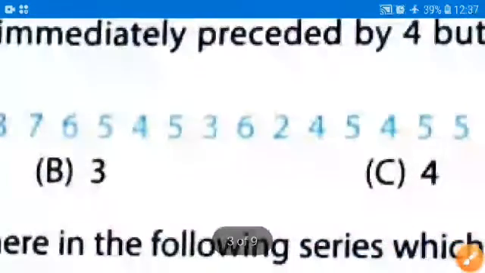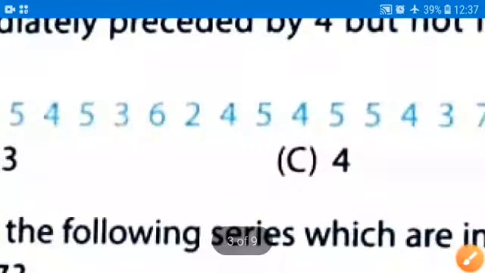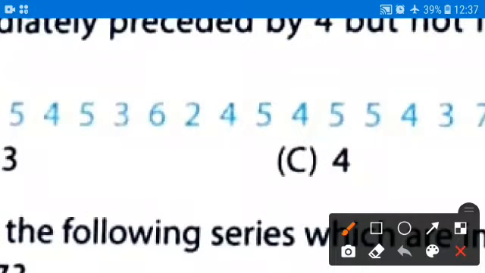So next, moving further, this 5 is preceded by 4 and it is not followed by 3. So this is satisfying the condition. So we have got 1 5 in this way.